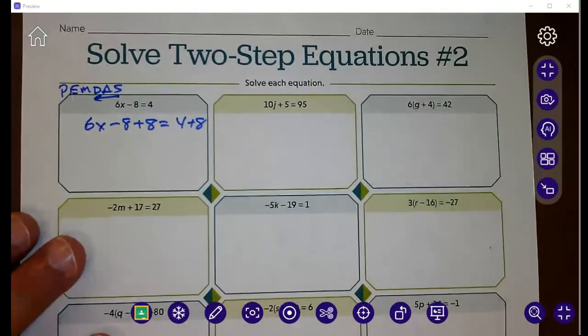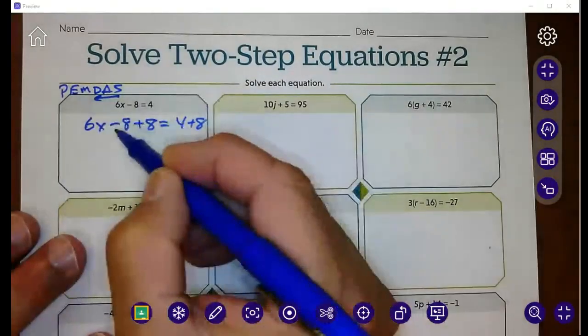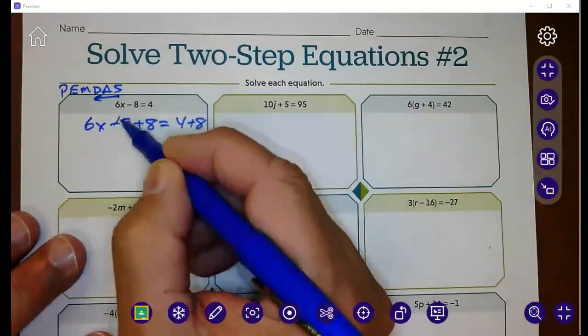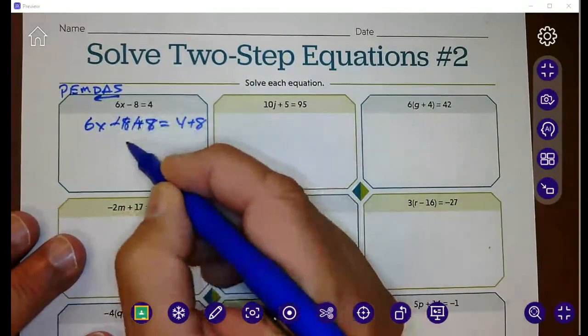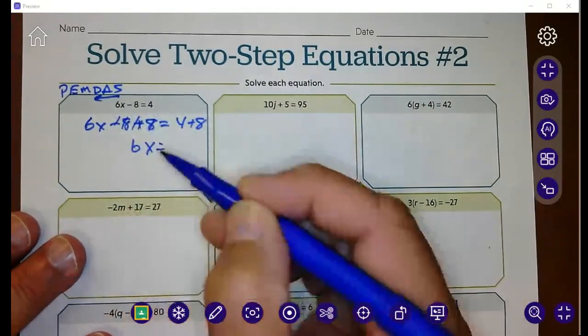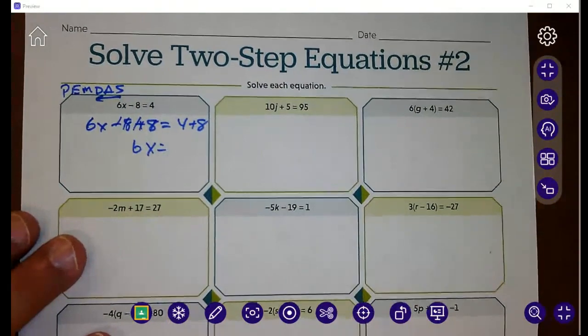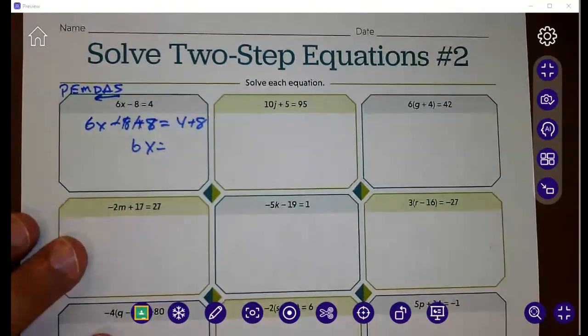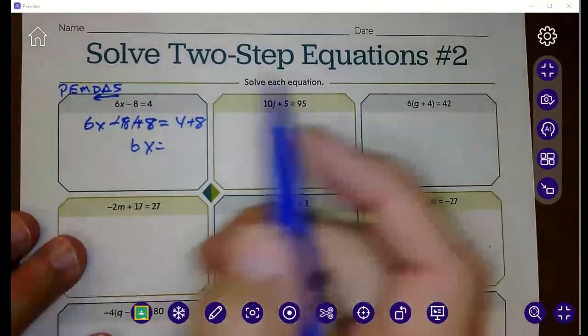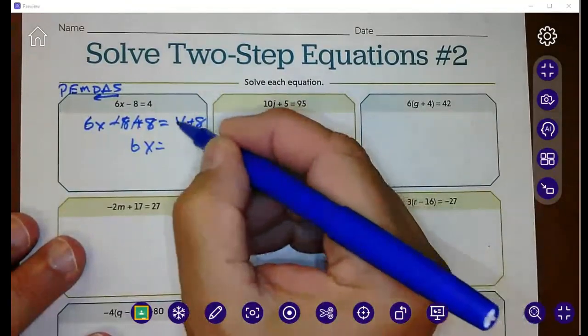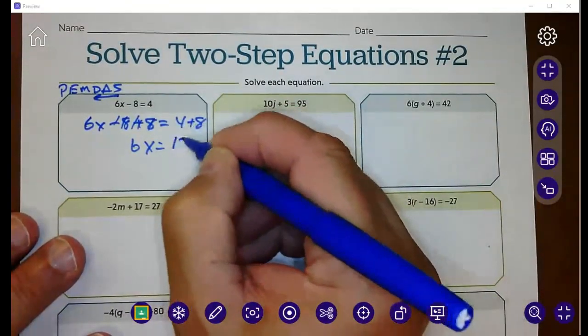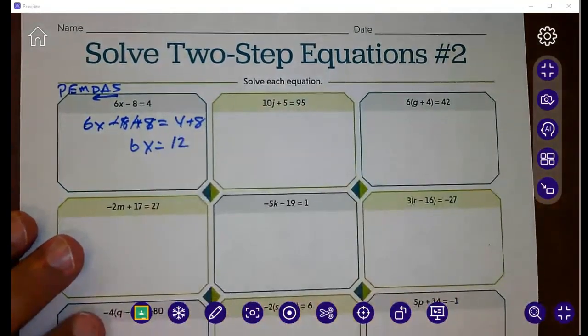So over here, those add up to 0. So I'm left with 6x. That's why we added 8, because negative 8 plus 8 is 0. On the right side, 4 plus 8 is 12.